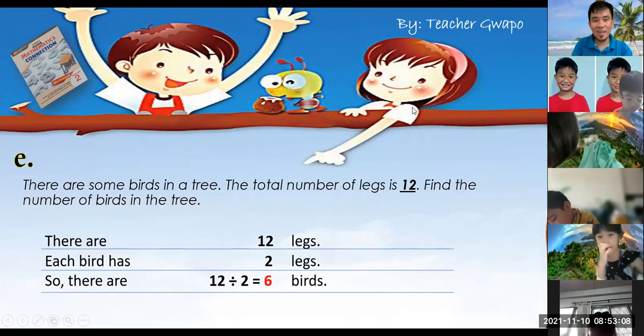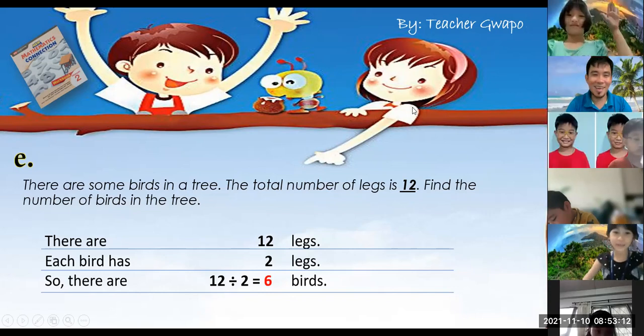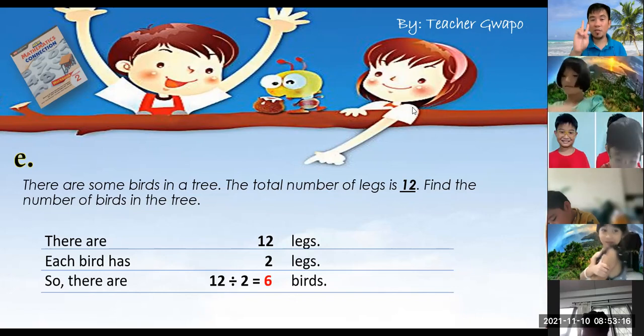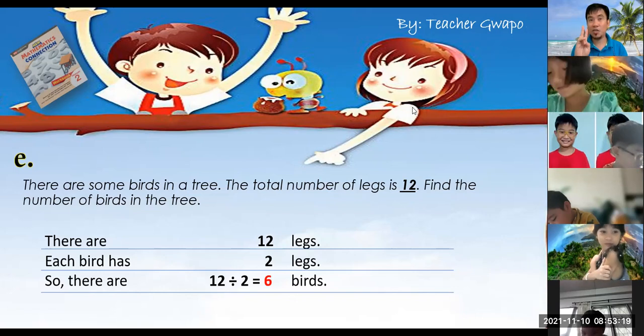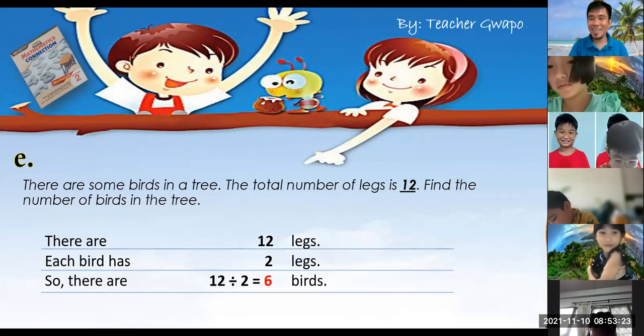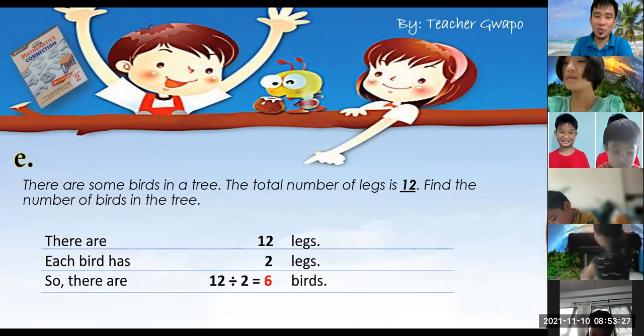Do you understand now, Alimta and Tinchai? It can be about animals. When it is about the bird, the divisor is 2 because each bird has 2 legs.